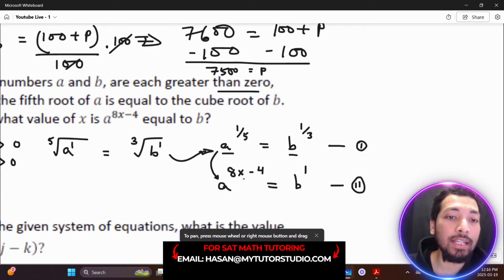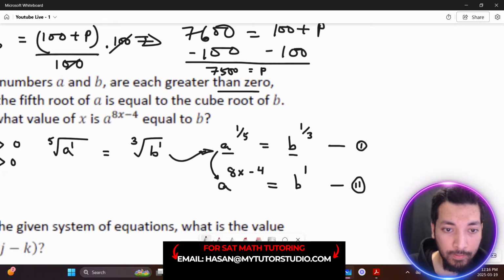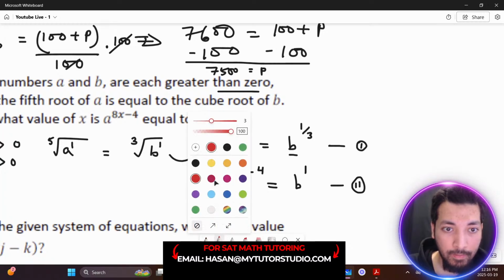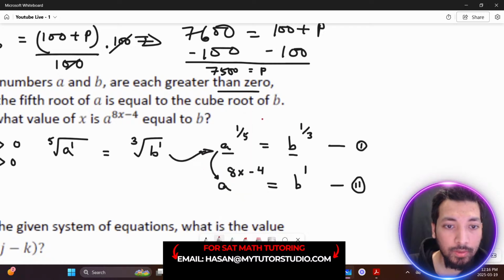Now we just need to change the power. If you change the power, what can you multiply equation 1 with, with this b to the power of 1 over 3, to make it 1? If you look closely, I can multiply this 1 over 3 with 3.